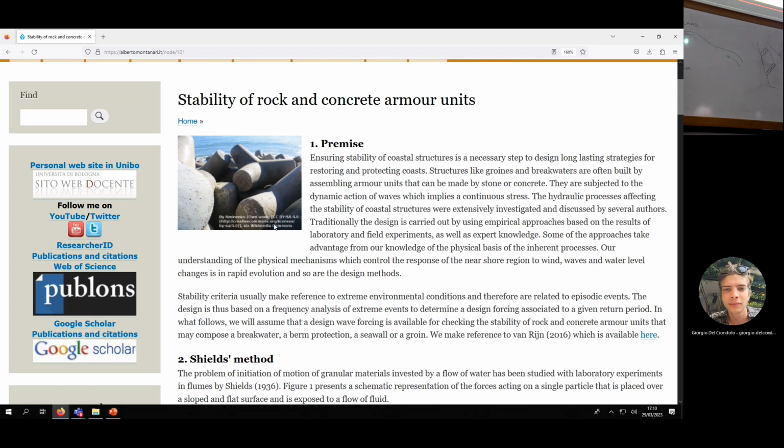By the way, you see in this picture, which was taken from Wikimedia Commons, that I put the attribution in white on the picture for the reasons that I mentioned to you before.